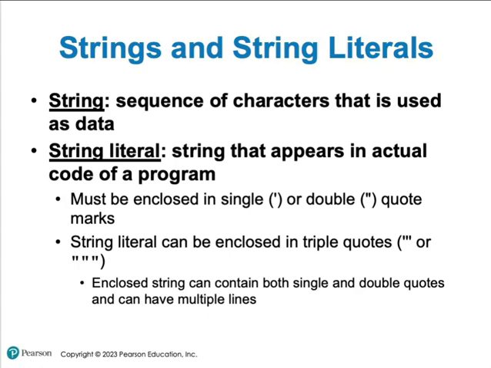One of the cool things about Python is they have something called triple quotes. Really, probably what you're going to use is 3 double quotes, what's shown after the or. But what happens is you can have a string literal that spans multiple lines.